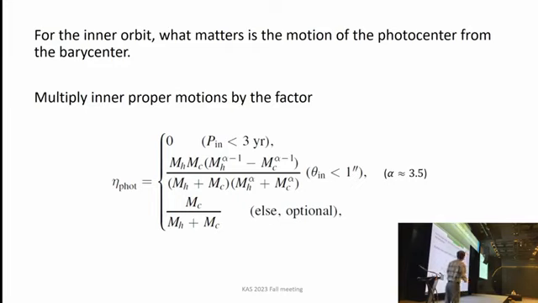What matters is the motion of the photocenter, not the barycenter, because the two stars have different magnitudes. What's observed is the motion of the photocenter, so one needs to multiply by this factor. Also, the observing time is just 3 years, so the effect is essentially 0 for periods less than 3 years.